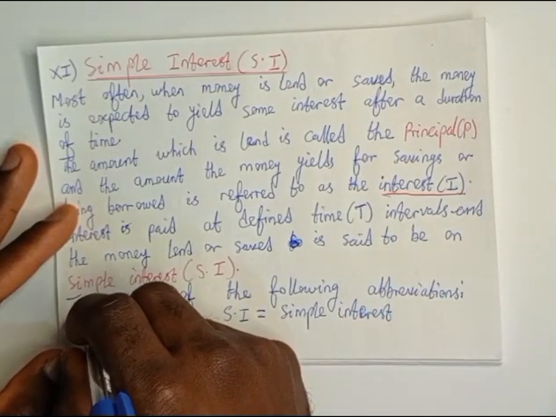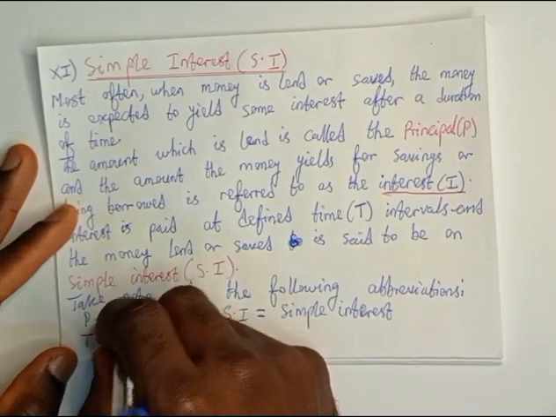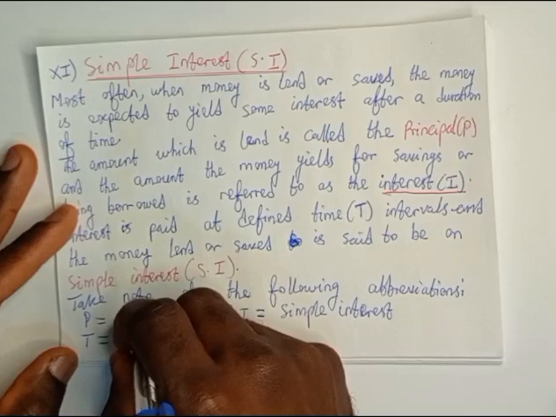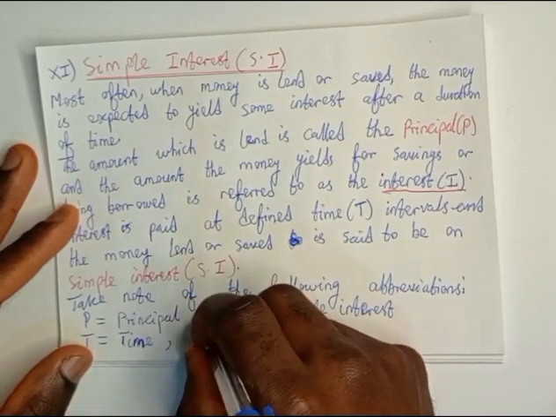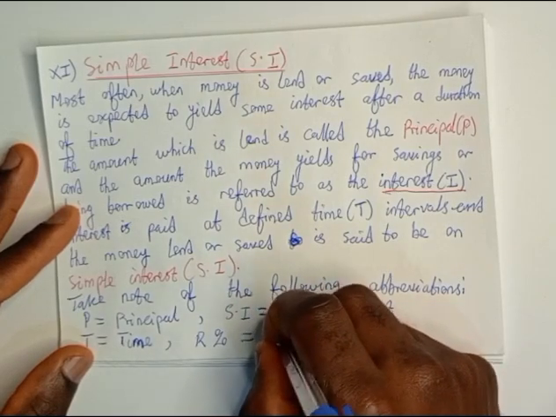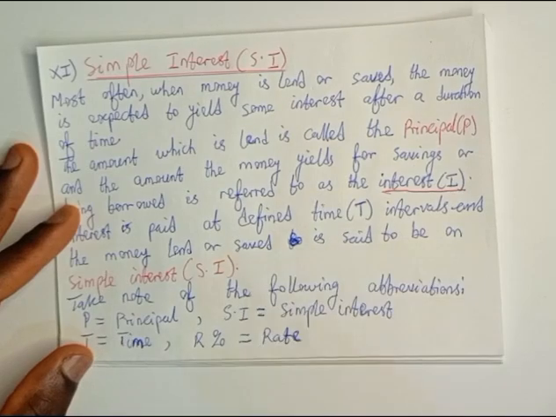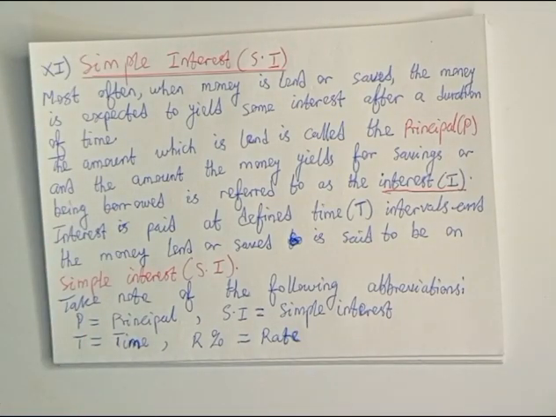Next, we have T, which stands for the defined time. We have R%, which is for the rate. Most often the rate is given as a percentage per annum. When you see per annum, that means for 1 year.